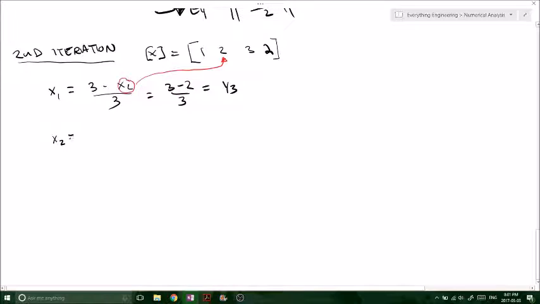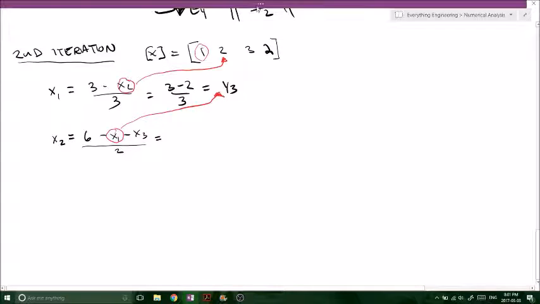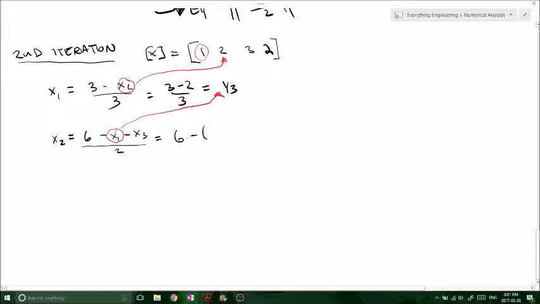Same thing for x2, we're looking at the exact same formula from our original system of equations, but now our x1 is not 1 anymore, it's our new calculated value of 1/3. Every iteration, we have to update to the most recent calculated value. And our x3 is the most updated value that we know of, 3. Boom. Simple.